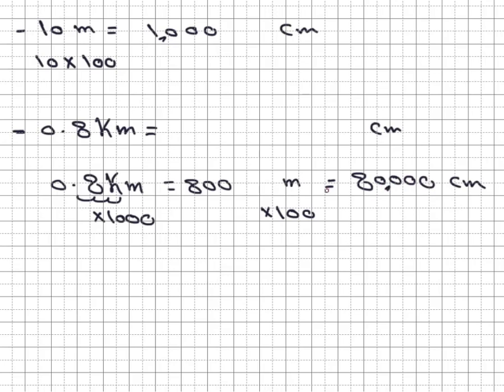Every time, if you don't know the relation directly from kilometer to centimeter, you can use a unit between them, meter. You can convert to meter, then from meter you can convert to centimeter. This is a simple way to convert from one unit to another unit.